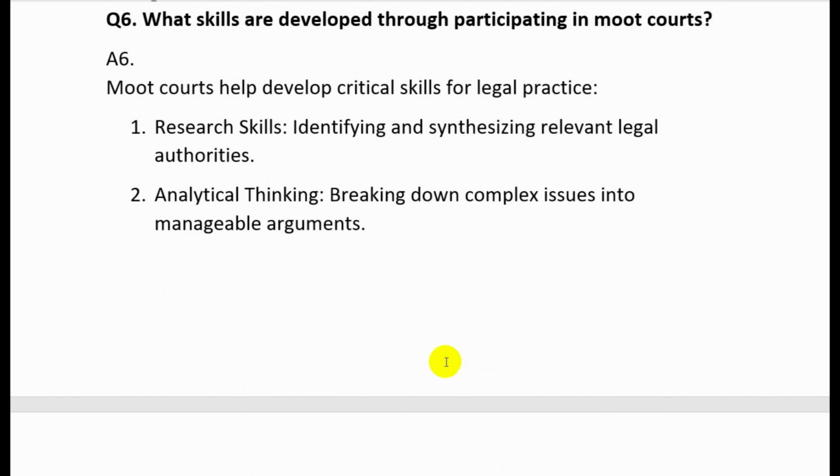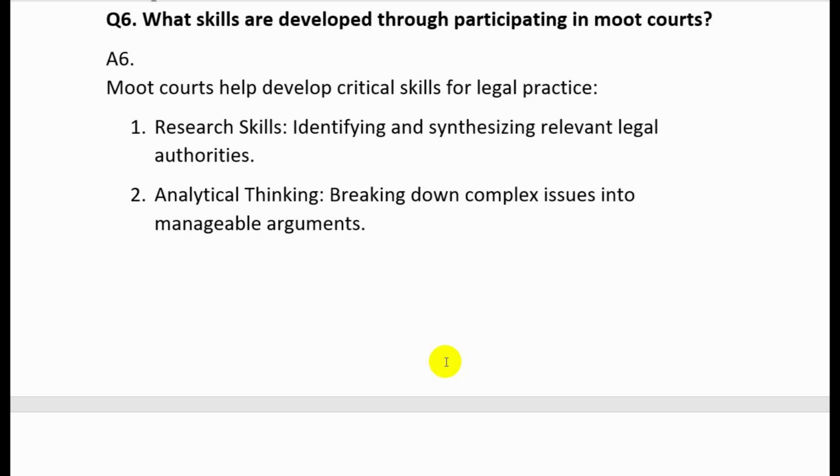What skills are developed through participating in moot courts? Moot courts help develop critical skills for legal practice. First, we will improve our research skills. We will have to identify and gather all relevant legal authorities. Authorities in this case means case laws, precedents, past case laws, and doing more research.